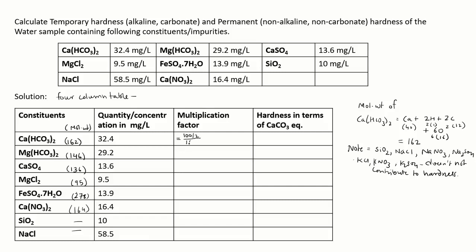Similarly, for magnesium bicarbonate it will be 100 by 146, for calcium sulfate 100 by 136, for magnesium chloride 100 by 95, for ferrous sulfate 100 by 278, and for calcium nitrate 100 by 164.